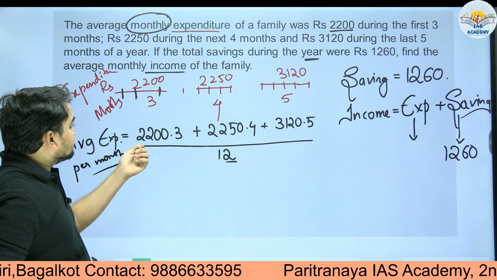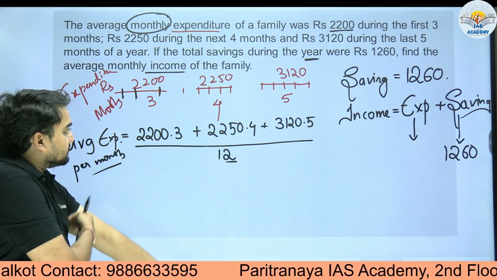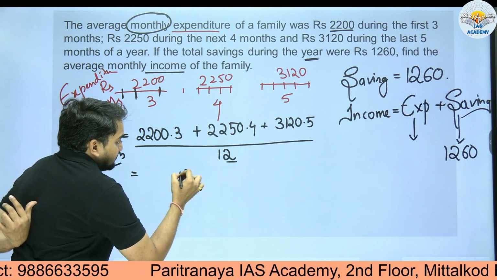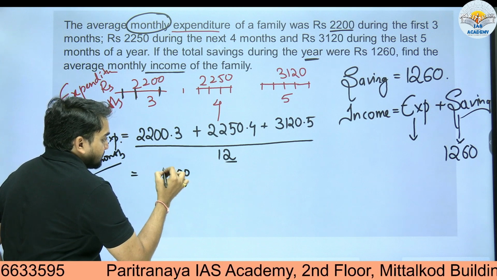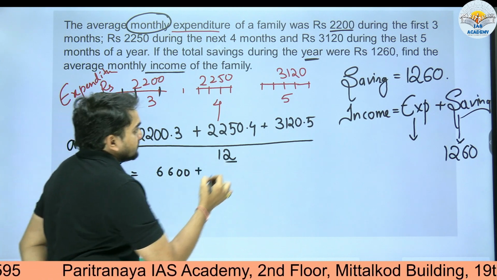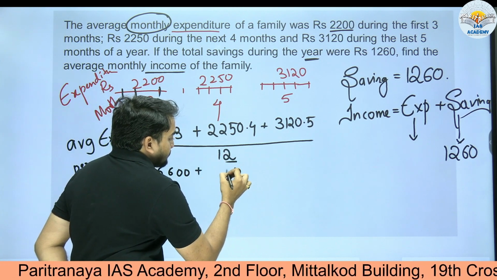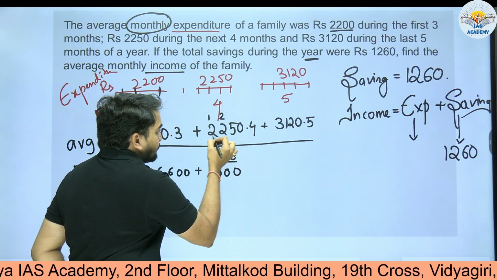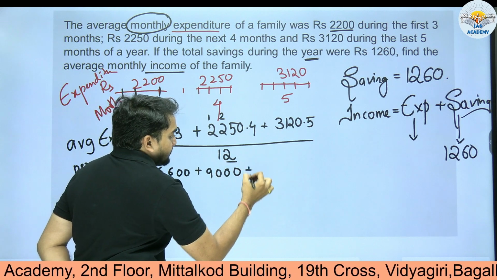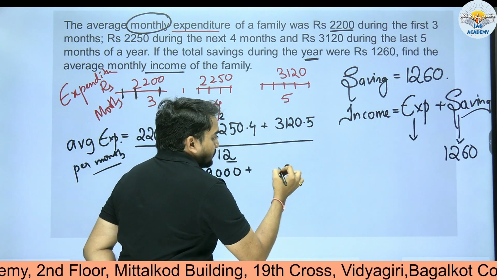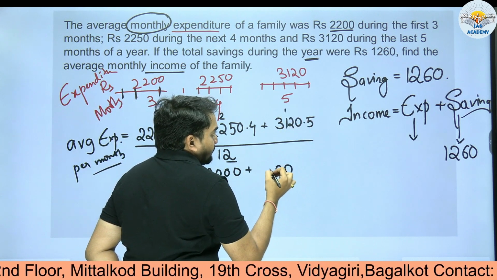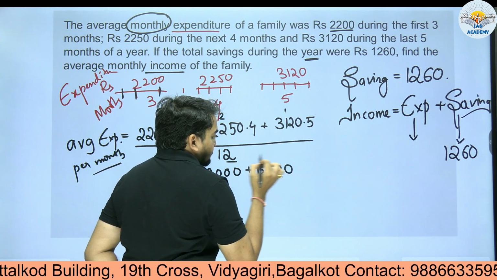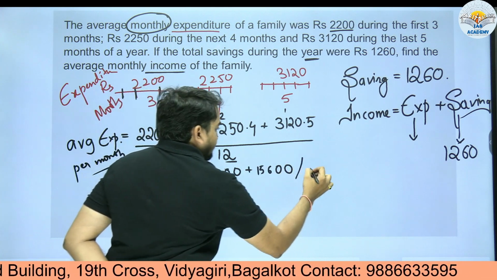So that means you have to solve for this. What is the value here? 3 multiplied is 6, and 4 times 5 is 20, plus 9, plus 5 times 3 is 15, right, whole divided by 12.